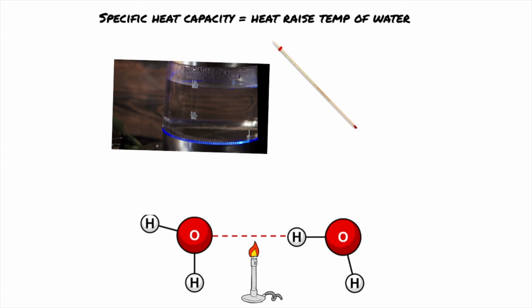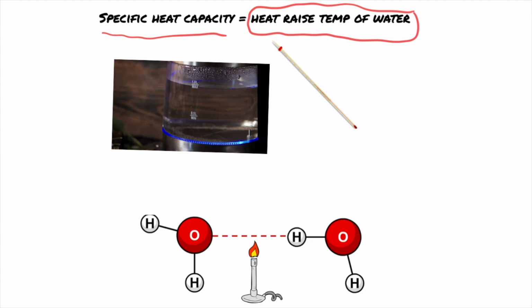Another property of water that has to do with hydrogen bonding is the specific heat capacity. The specific heat capacity of water is quite higher than usual, higher than other liquids known to us. Again, specific heat capacity is how much thermal energy, how much heat energy it takes to raise the temperature of water by 1 degree Celsius.